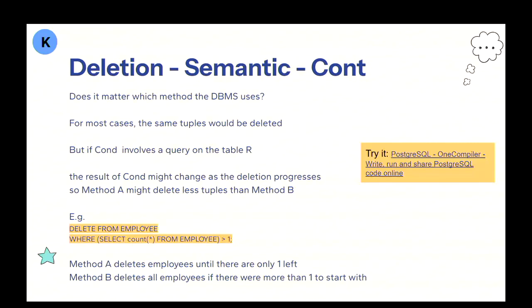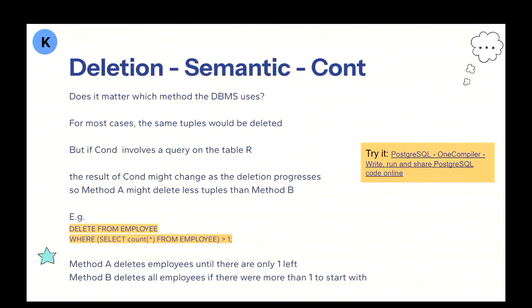So if we remove data one by one, there will be some time that the table is down to one item, right? One tuple. In that case, if we do it with method 1, method A, there will be one tuple left in the table.